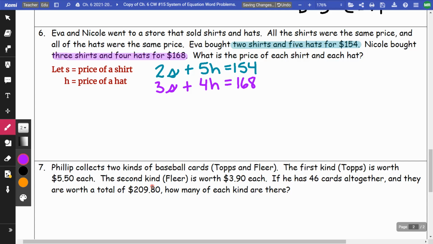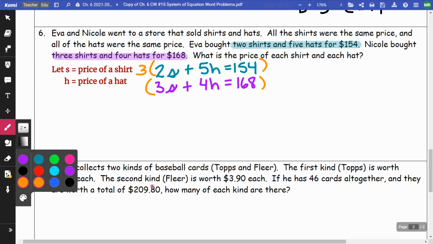Now on this one, I can either try to get the same number from my S's or my H's, either 6 in front of my S's or 20 in front of my H's. I think I'm going to try to get 6. So I'm going to multiply the top one by, let's say 3, and the bottom one by -2. So when I do that, I get 6S plus 15H is equal to, and 154 times 3 is 462.